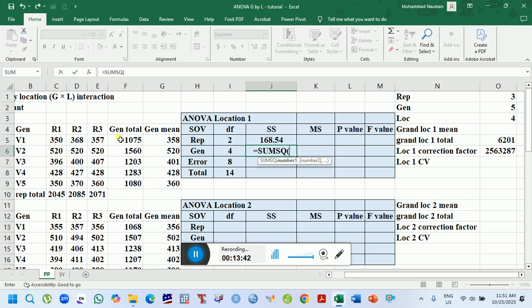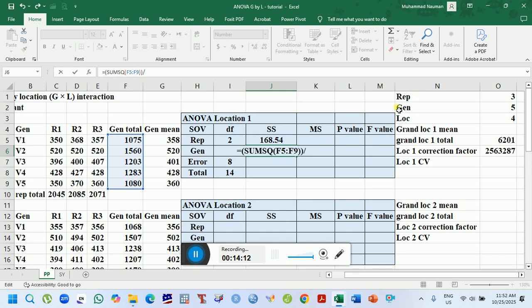Genotype total will be selected from here. Close this bracket and put this whole term in one bracket. Divide by replication, because we have calculated the genotype sum of square, so in division there must be a replication present.